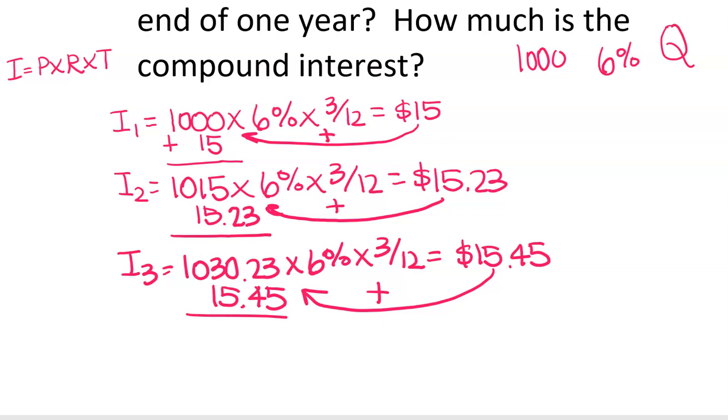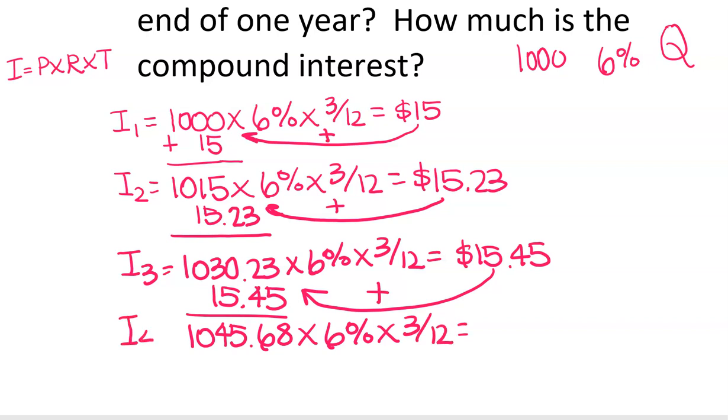So 1,045.68. And this is for interest period 4, quarterly. $15.69.